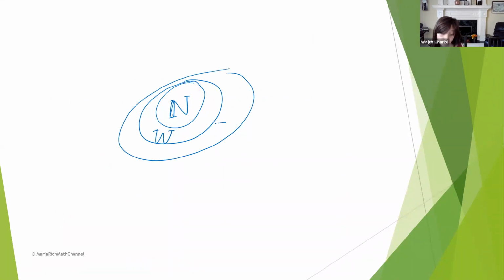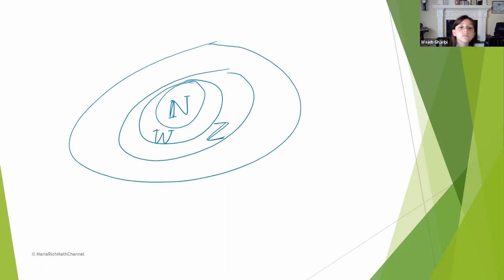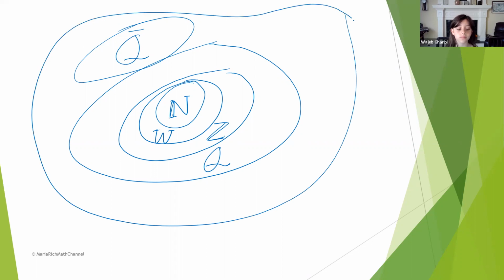First the natural numbers, then the whole numbers, with 0, and then the integers Z. Then the rational numbers Q, and the irrational numbers Q dash, shown in a Venn diagram. The real numbers contain all the previous numbers, so this is the biggest set now.